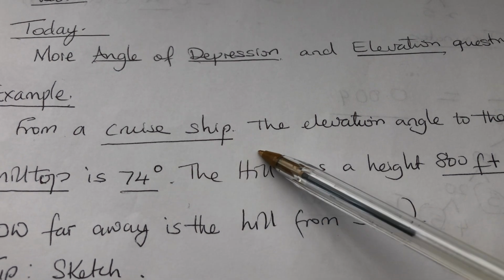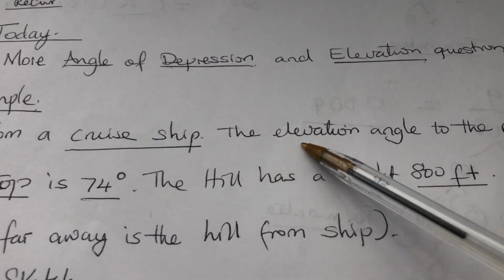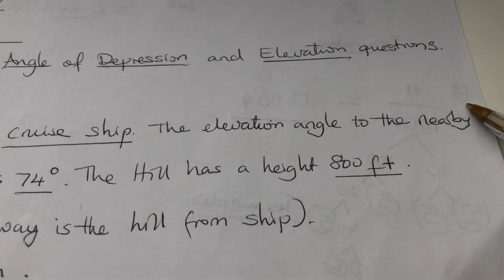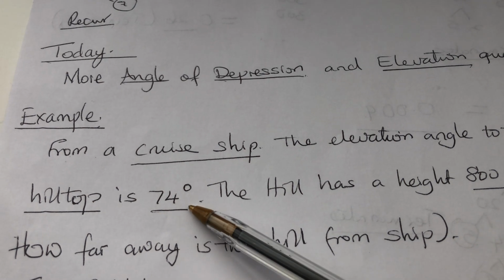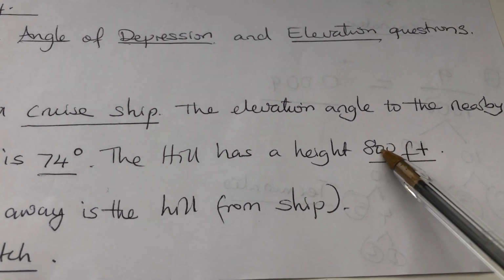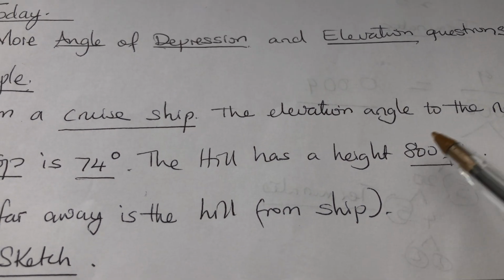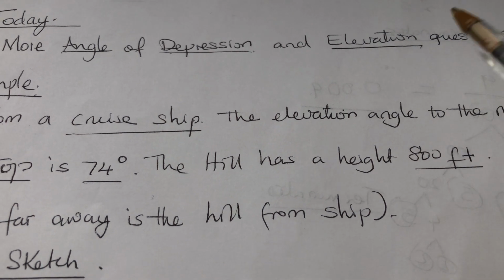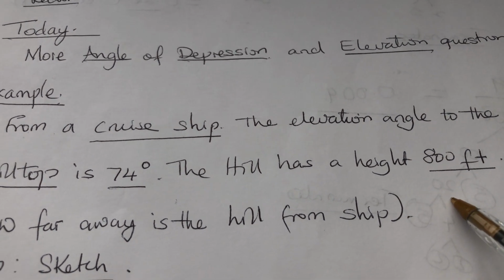So a cruise ship. From a cruise ship, the elevation angle to the nearby hilltop is 74 degrees. The hill has height 80 feet. So from the sea level to the top of the hill is 80 feet.